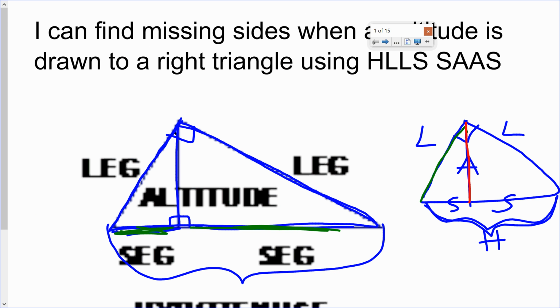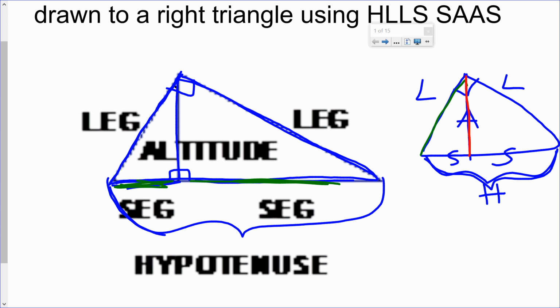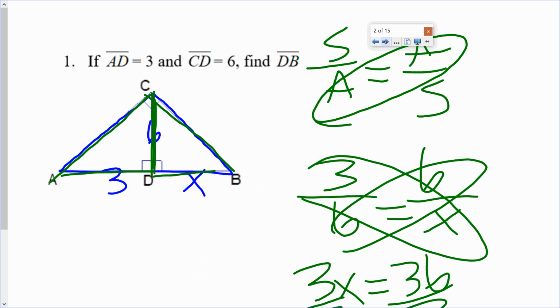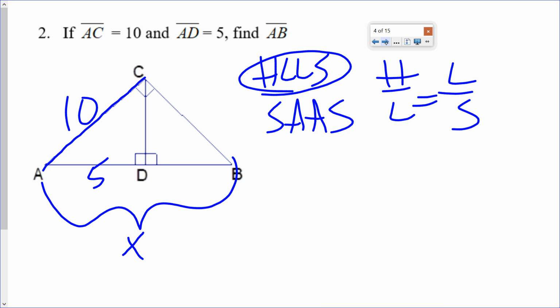Refer back to this diagram if you need to. H is this whole thing. L is the leg, and S is your segment right there. So H is X over L is 10 equals L, again, is 10.